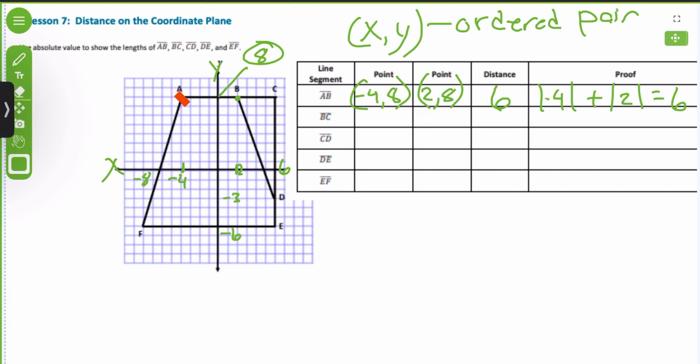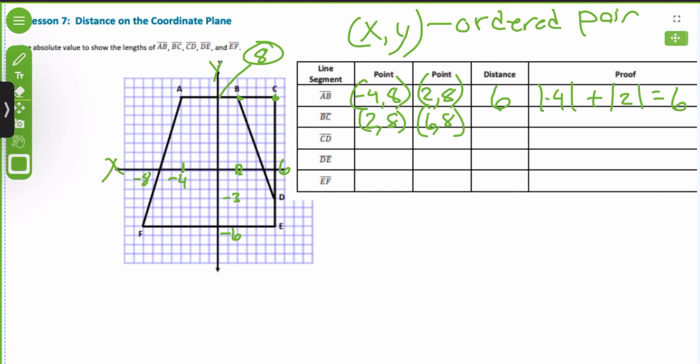BC. So B, we already know B. Let's write it as 2, 8. Now what is C? 6, 8. How are we going to find the distance? How would you do absolute value?